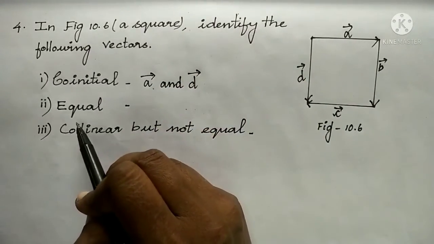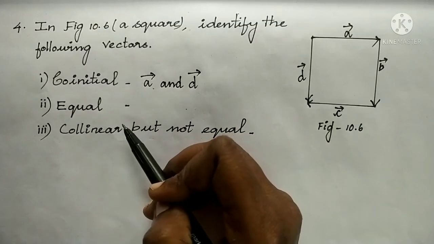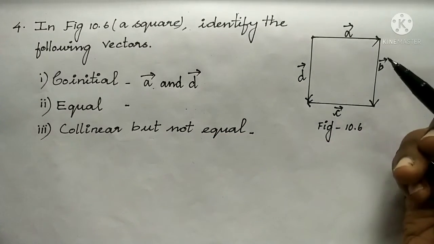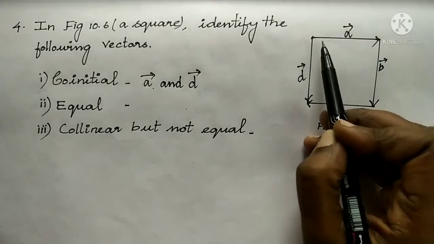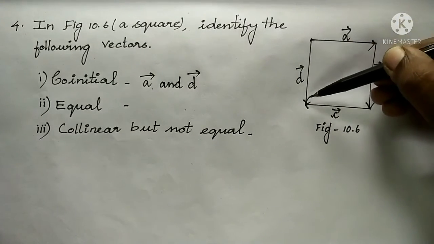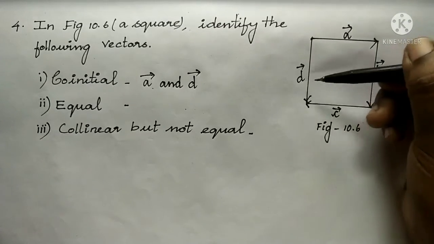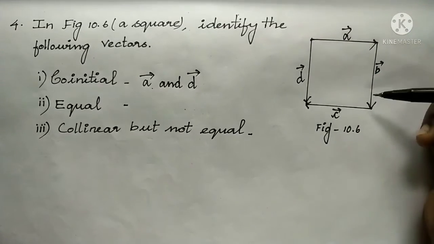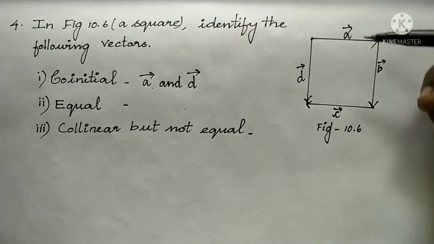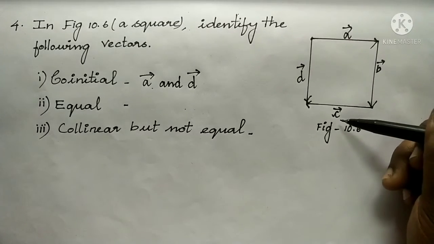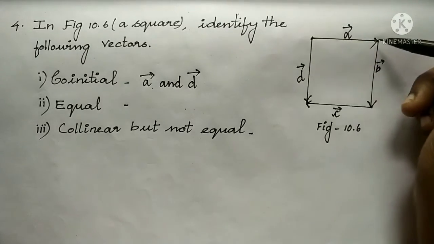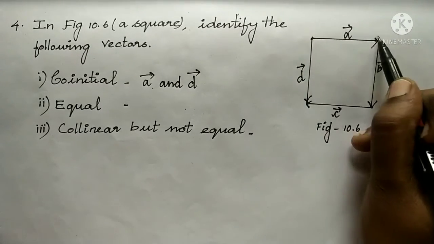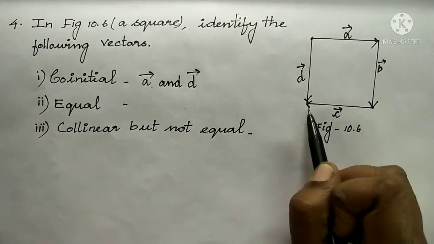Next question is equal vectors. Equal vectors are two vectors having same magnitude and same direction. So these two vectors, B vector and D vector, are having same magnitude and same direction. But if you look at A vector and C vector, they are having the same magnitude but they are in opposite direction. A vector is in this direction and C vector is in this direction.